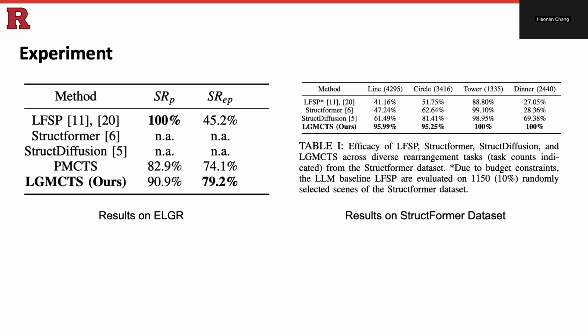Here we show the experiment results. The left side shows the results from the ELGR benchmark, and the right side shows the results from the StructFormer datasets. We can find that on both datasets, our method surpasses all existing baselines by a large margin.